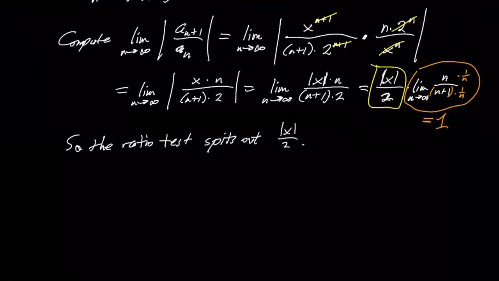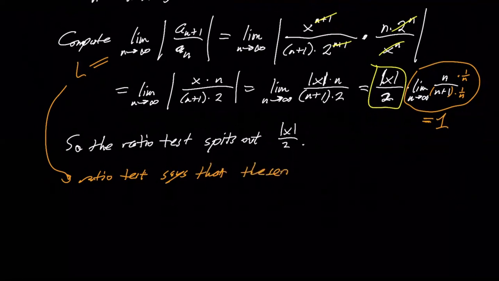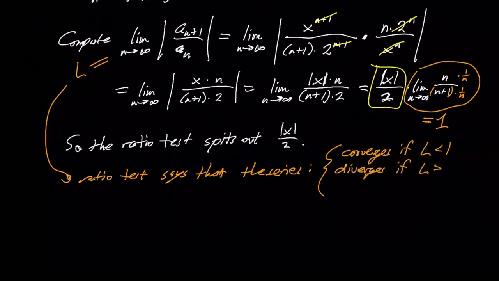So let me just remind you, if we call this limit L, then the ratio test says that the series has 3 possibilities, right? It converges if L is less than 1. It diverges if L is greater than 1. And it tells us nothing if the ratio test spits out L equals 1.